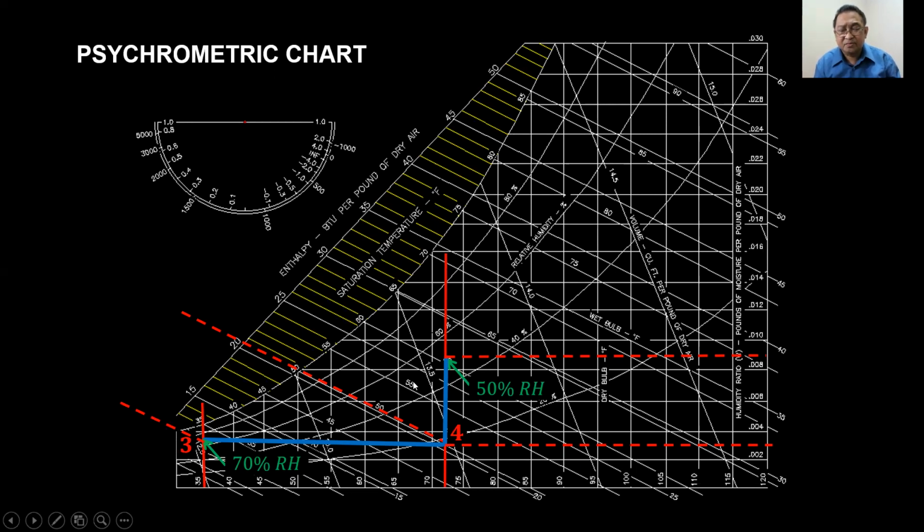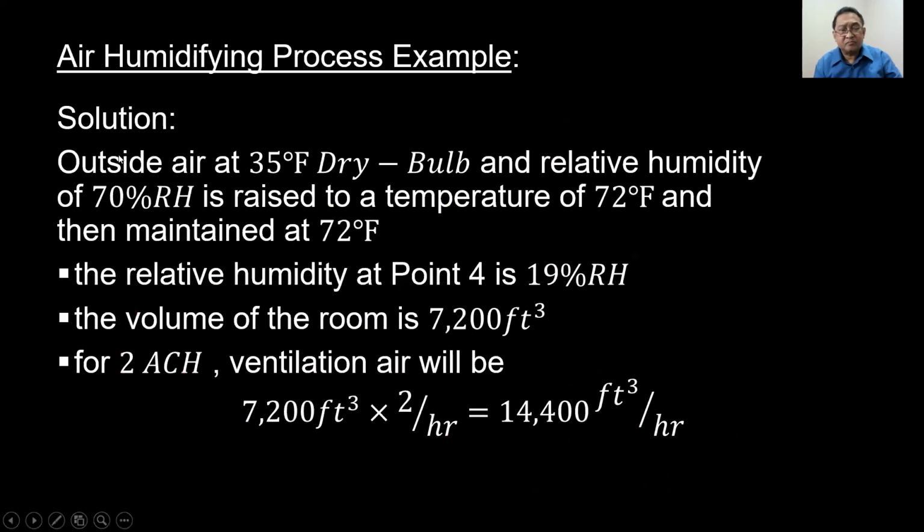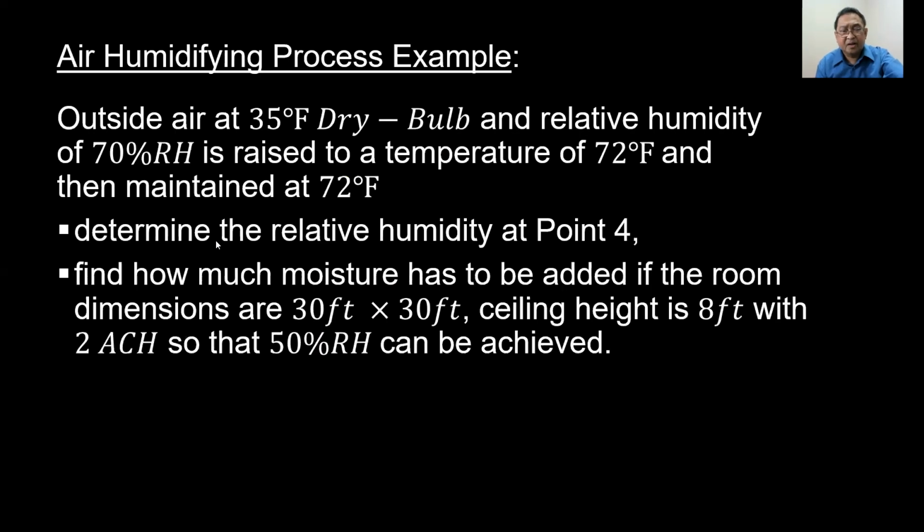So what needs to be done here? We need to add moisture here. So we will add moisture. Okay. Now, so here, 19% relative humidity at 0.4. The volume of the room is 30 by 30 by 8 feet.